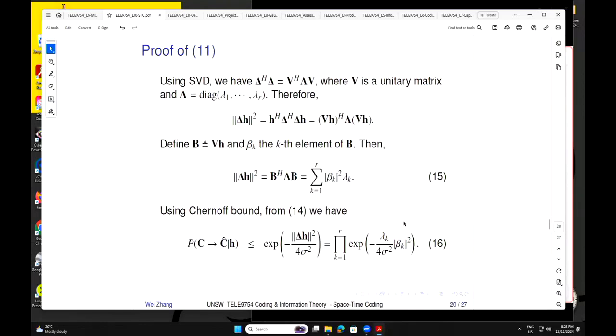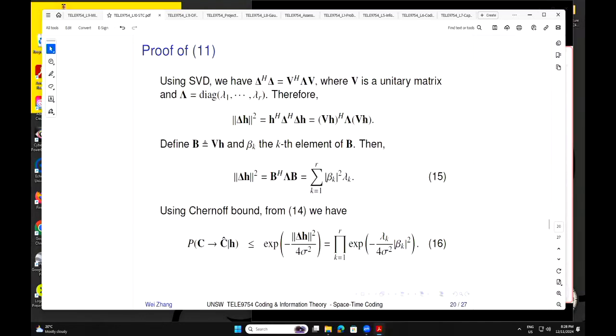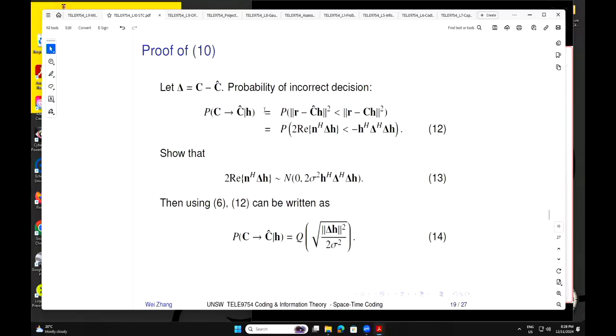First, as we explained too much about these 2 pages, for the first step you should understand that an error occurs when the minimum distance is achieved for C hat, not for C. If it's larger, then you will not get an error because you always get the true value to be the minimum distance. Then that would be the probability we call correct detection, not error probability.